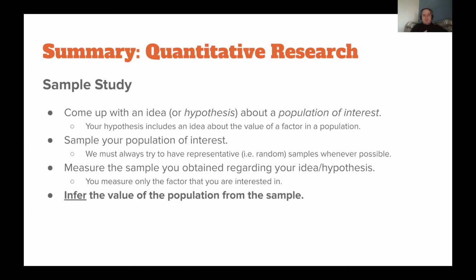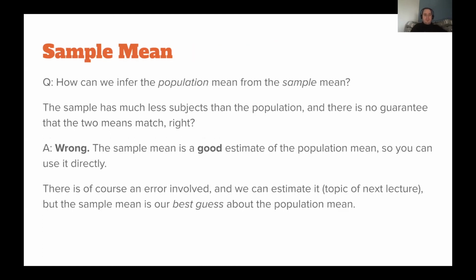Maybe the sample we measured is not representative, so the inference will not be very good. There's always error involved. Statistical inference is always about errors. And the errors are actually the most important part of statistical inference, to know how to understand and to study these errors. And then we infer the population from the sample, right? But like I said, there's always errors.